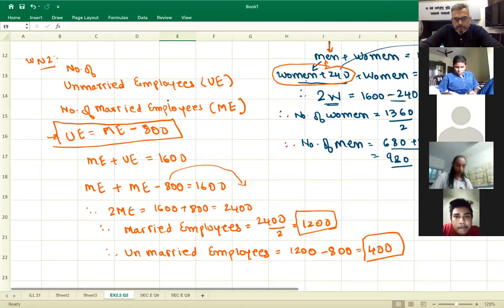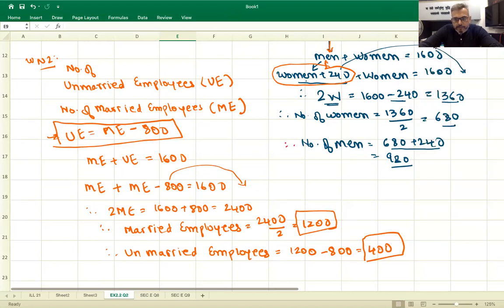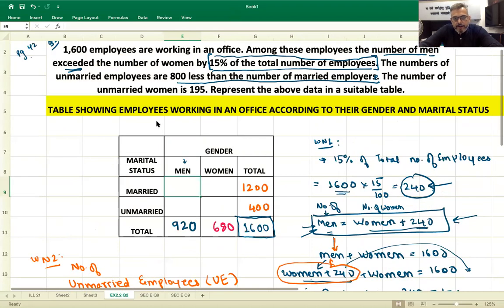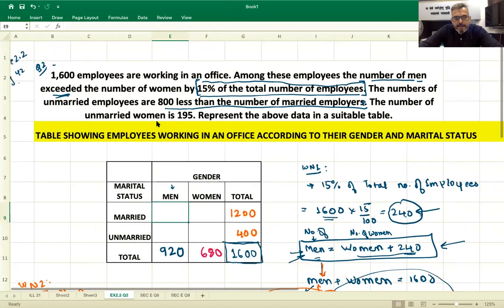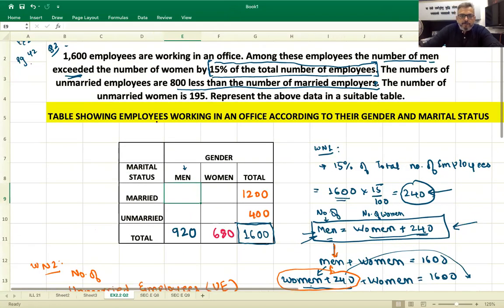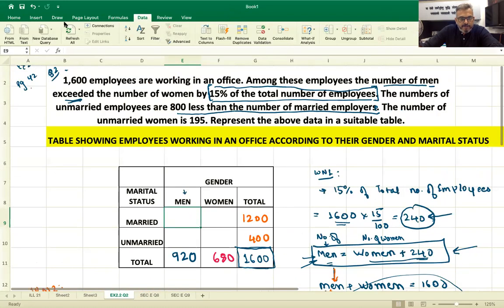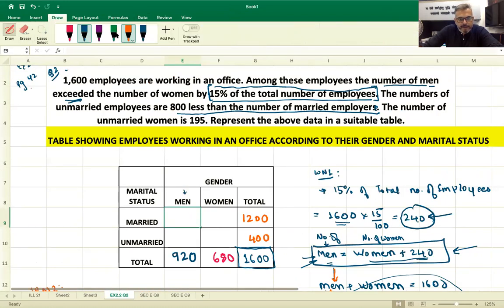Sir, done. Done? Okay. Now over here, I completed the sum. Very nice. Now, number of unmarried women is 195. We are given this information. Unmarried women is 195.